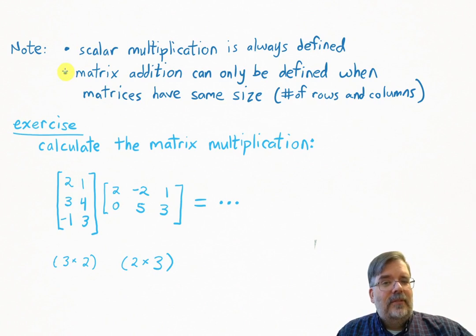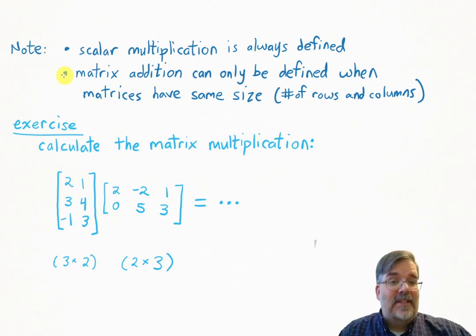Matrix addition, however, can only be defined when the 2 matrices have the exact same size. So they both have to have the same number of rows, and they both have to have the same number of columns. And so, things to think about, because in future videos we will continue doing scalar multiplication and vector addition as well.